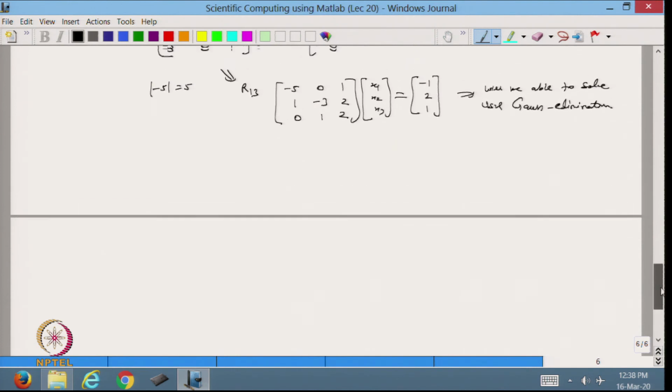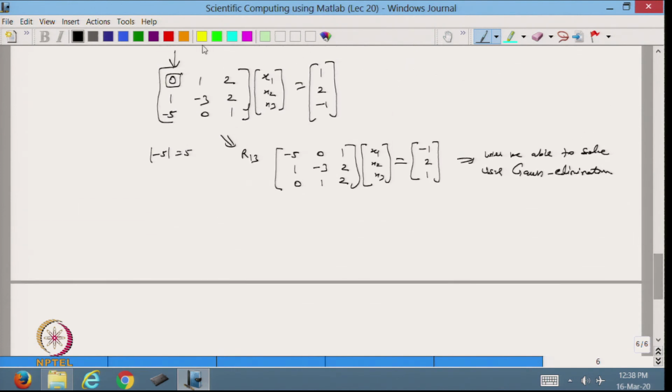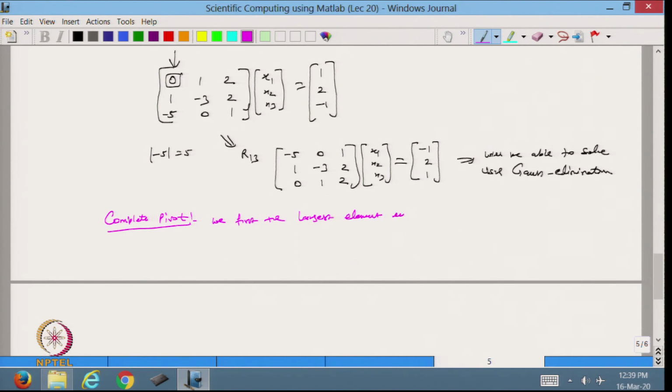So, generally we always go for partial pivoting, but there is another term also, complete pivoting. We hardly go for this complete pivoting. So, in this case what will we do? We find the largest element in magnitude in the whole matrix.